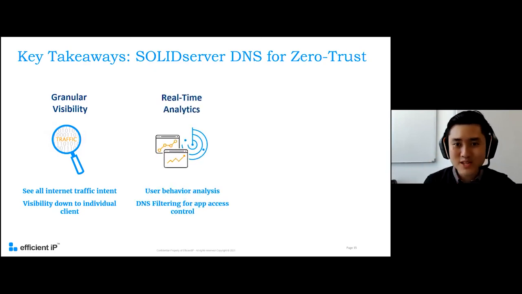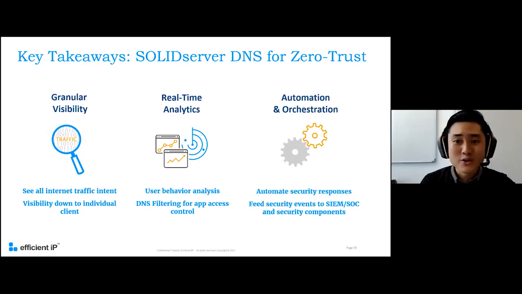Afterwards, it is important that you have real-time analytics by using DNS behavior analysis of individual clients, and we can combine this with our client query filtering feature. And lastly, we can automate the configuration of your network and security systems to make sure that the security policies enforced in your infrastructure are uniformly implemented across your network devices.